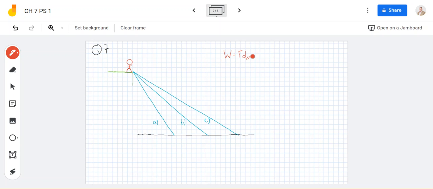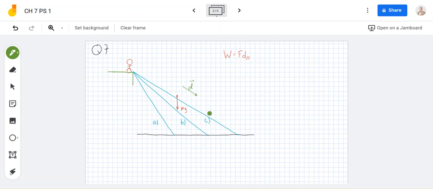If you look at any moment on this one, for example, we know the gravitational force is straight down. So that's one of our vectors. And then the distance that it's going, it's sliding along this way. So this is our distance vector for this one here.